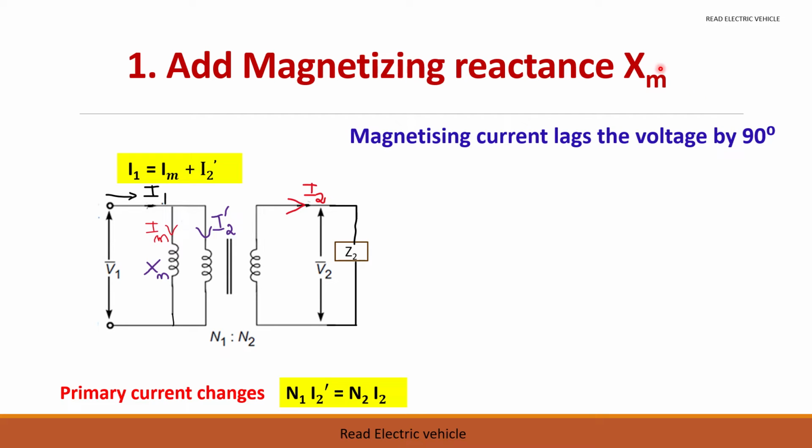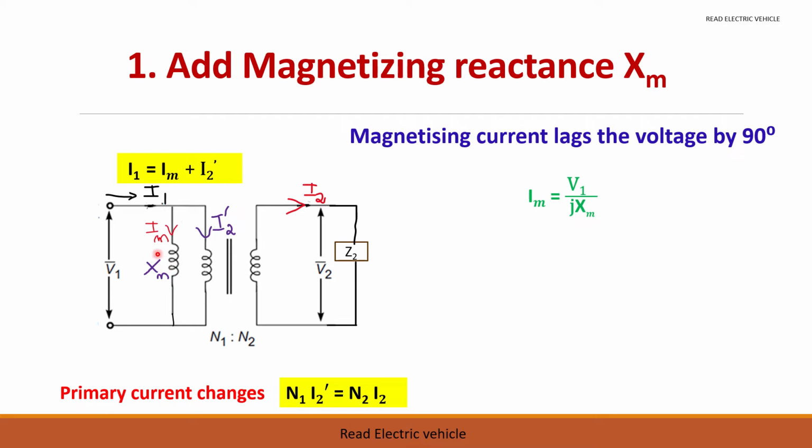So how to include this in the equivalent circuit? You have to add a magnetizing reactance here. You see, there are two parts in the current. We know under no load condition Im was there, but when it is loaded, it needs some more current which has to flow through this N1 winding. So I2 dash flows through this path, Im flows in this path. So this is called the magnetizing reactance.